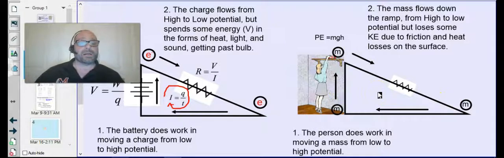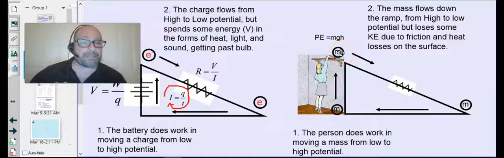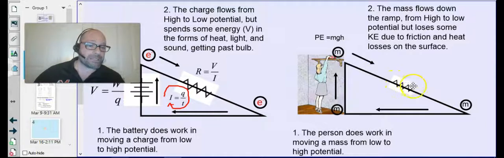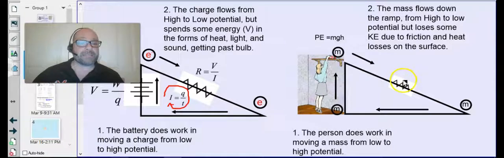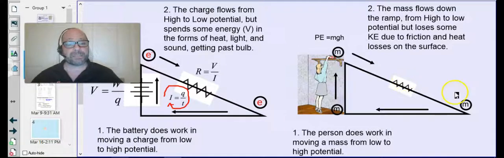But the person is doing the work in moving the mass from low potential to high potential. Then the mass flows down the ramp from high potential to low potential, going from a high PE to a low PE. And of course there could be some friction that produces a bit of heat, and there's a little bit of loss right there.